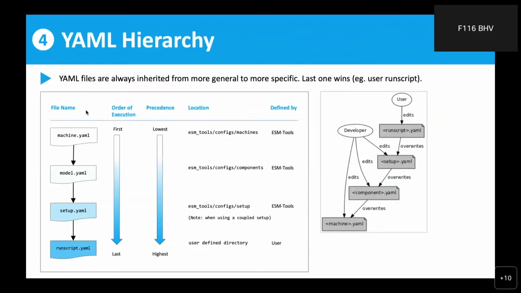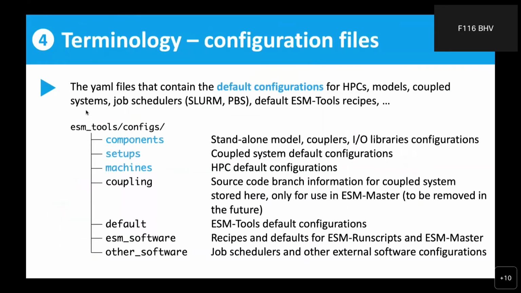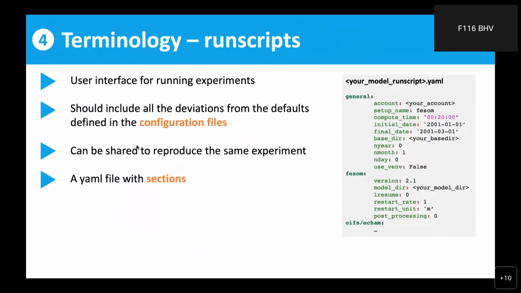Then you have the run script, which is the one you are going to be using most of the time to finish the configuration of your simulation. And this is what I was explaining here. There are other configuration files, but these are the ones we are going to look at most in detail.